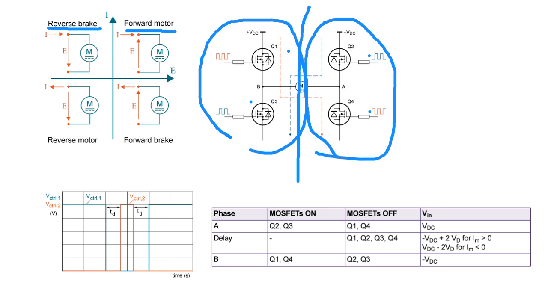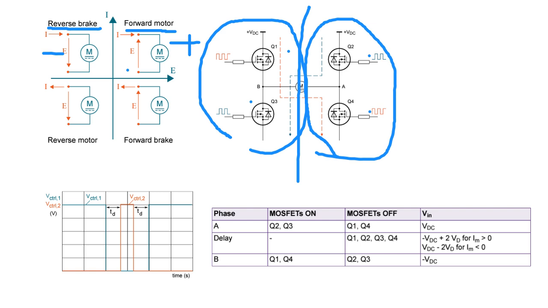In four quadrant, I times V, yani current times voltage, will be positive. Okay. Forward, positive means that it is a motor. Current times voltage is a minus value here, plus times minus, it means that it is a brake in the different direction.